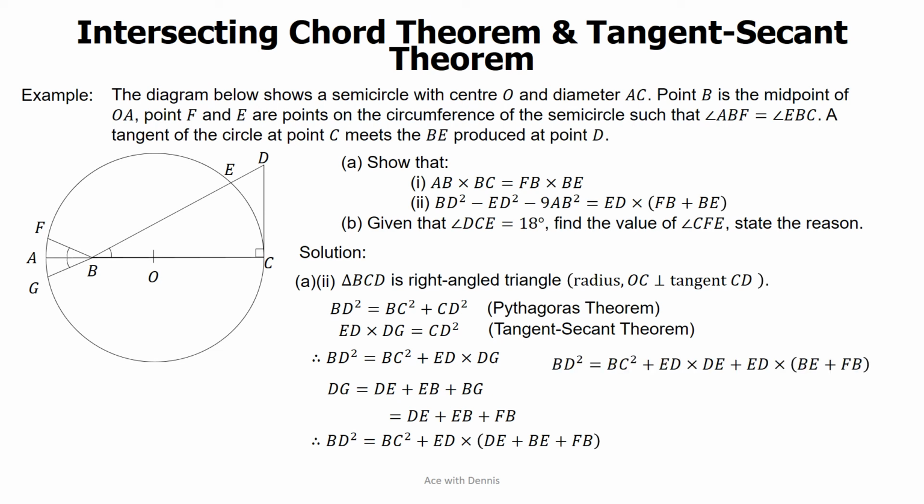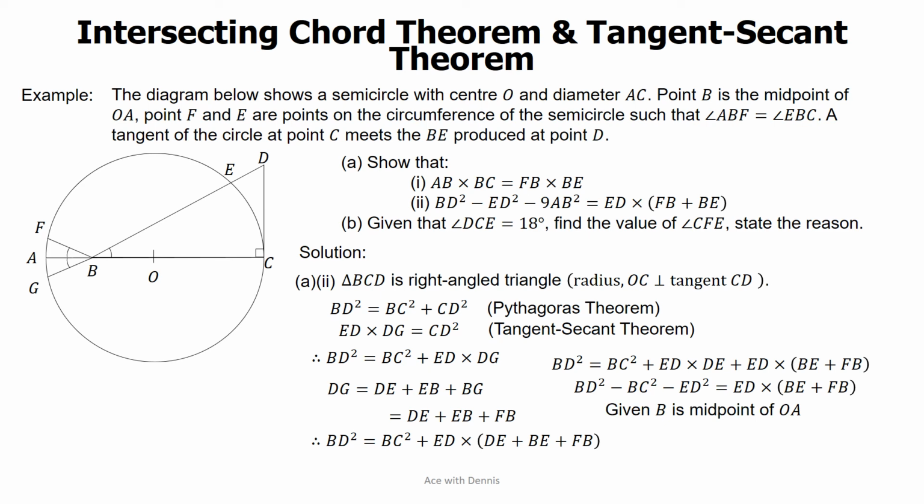Then we multiply inside, we get BD square equals BC square plus ED times DE plus ED times bracket BE plus FB. And rearrange the equation, we get BD square minus BC square minus ED square equals ED times bracket BE plus FB.